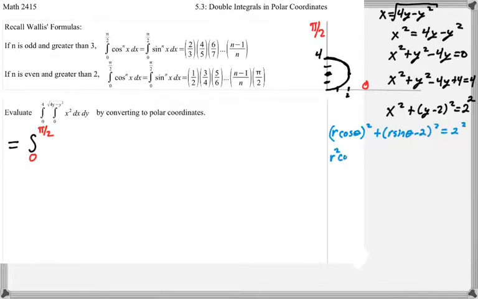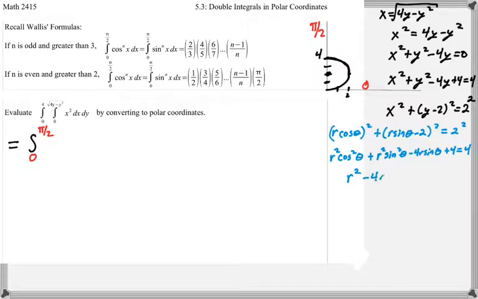So this is going to give us r squared cosine squared theta plus r squared sine squared theta minus 4r sine of theta plus 4, and that's going to be equal to 4. The 4's will absorb. R squared cosine squared plus r squared sine squared, using the Pythagorean theorem, not the Pythagorean identity, that'll just be r squared, because cosine squared plus sine squared is 1.